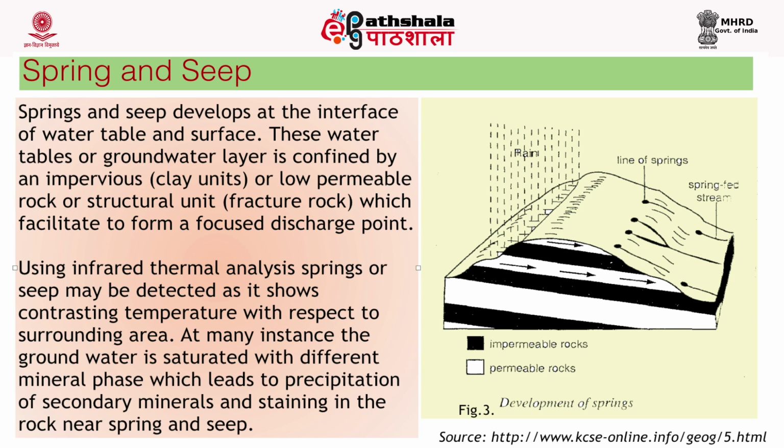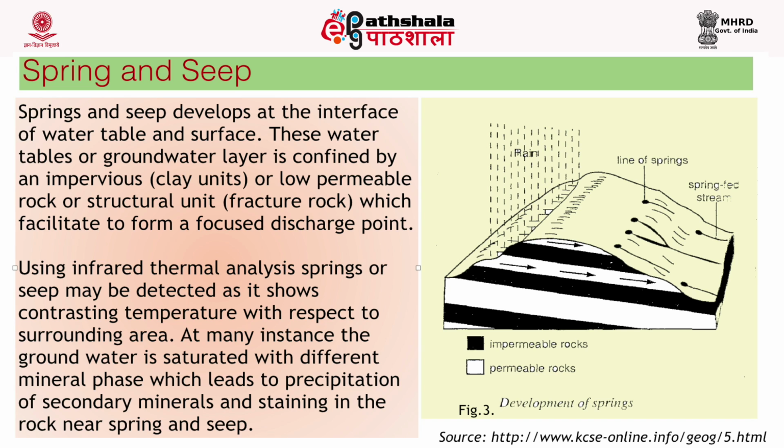If you look at the diagram on the right side, you can see the springs originating from the above confined zone where this line of springs can be seen. Similarly, from the image we can know about the groundwater position of an area.